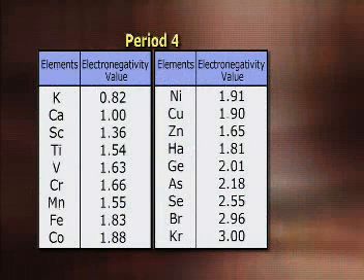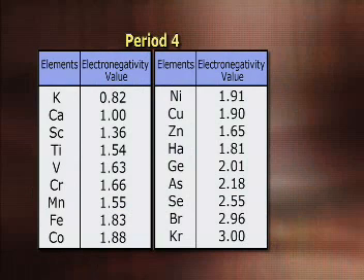Welcome back, students. I wonder which period you chose. Answers for this activity will vary depending on which period you used. However, this activity shows that the electronegativity of elements on the periodic table generally increases from left to right in a given period. For example, let us look at the period 4 elements.